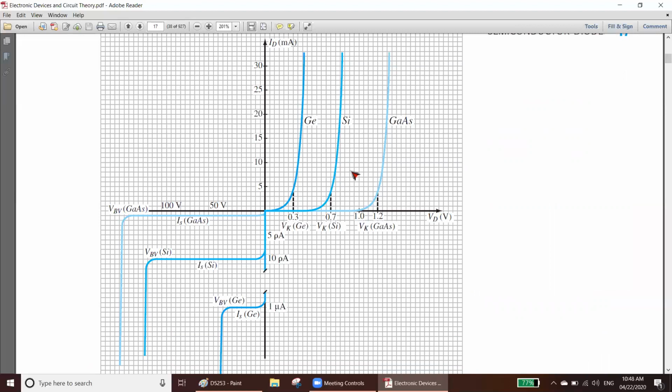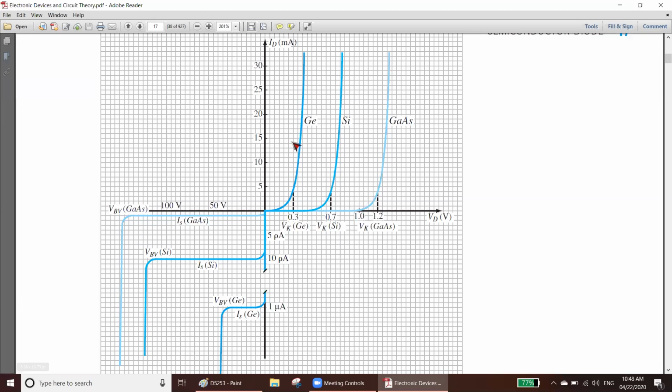This is a characteristics curve of three different semiconductors. This one is for germanium. The middle one is for silicon. This one is for gallium arsenide.